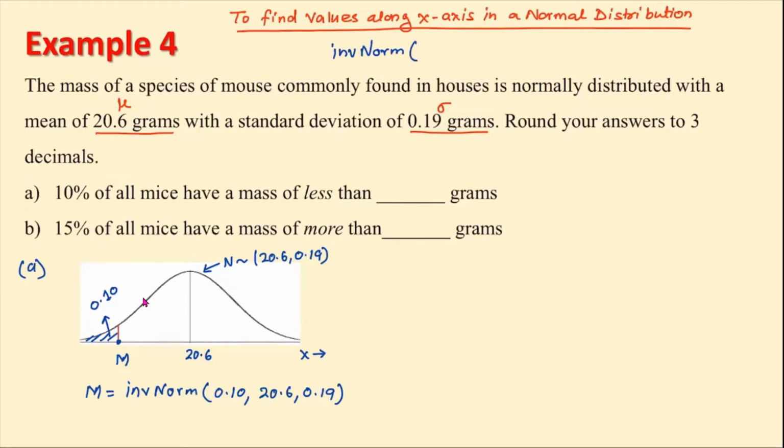And we write the area on the left. That's very important. Area on the left, comma, the mean, comma, the standard deviation. So if we use this command in our calculator, we will get the value along the x-axis. So let's try to type this in a TI-84 calculator and find its value.